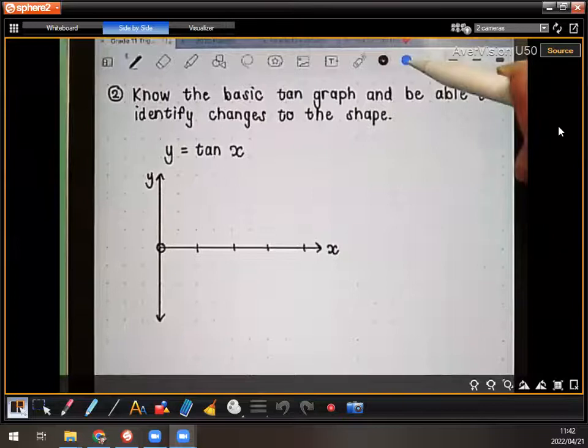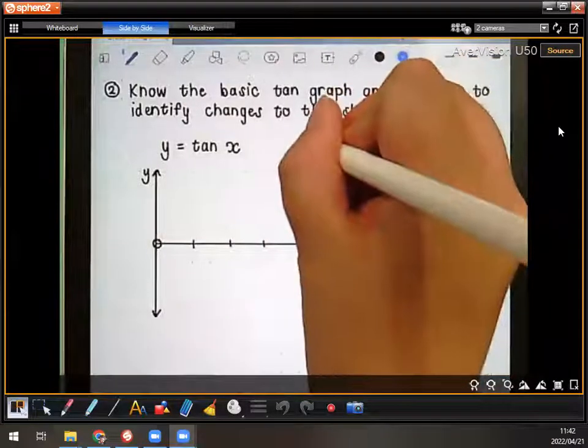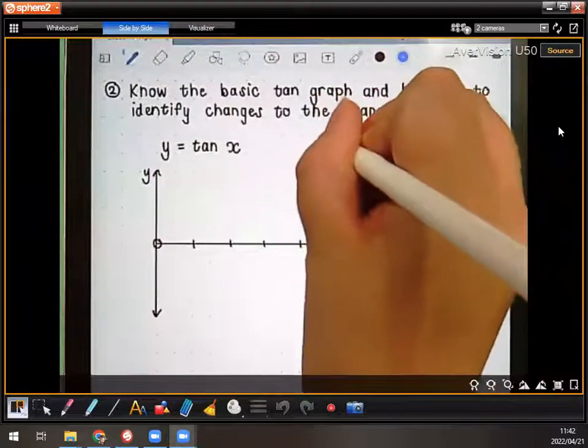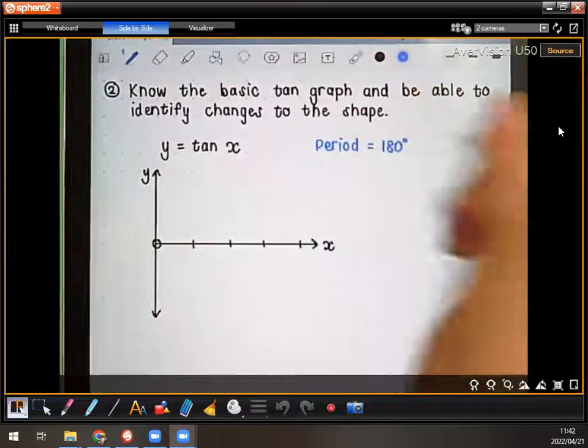When we normally draw a tan graph, we know that the period is 180. It's different from the other two in that sense. So I'm going to write on the side here, period is equal to 180 degrees.